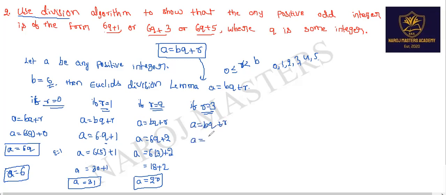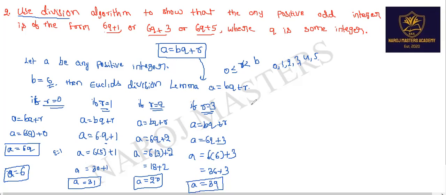Then a is equal to 6q plus 3. Let me take q is equal to some integer, that is 6. 6 into 6 plus 3. So a is equal to 6 6s are 36 plus 3, that equals 39. a is equal to 39.